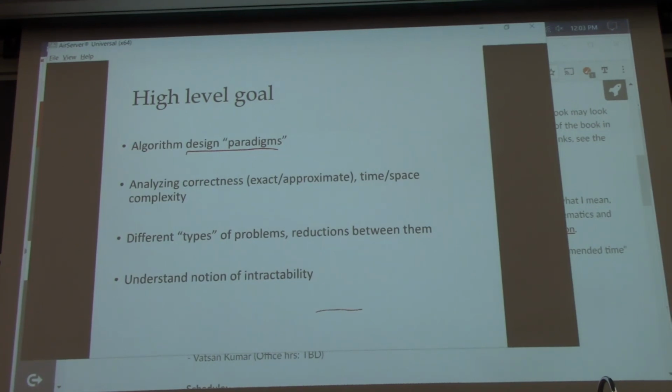We want to always show that whatever procedure we give correctly solves the problem we want to solve. Sometimes this will be too difficult to achieve, in which case we'll show that what I return is not exactly the right answer, but it's close enough to the right answer. These are called approximation algorithms. We will see some examples of those as well. So that's about correctness.